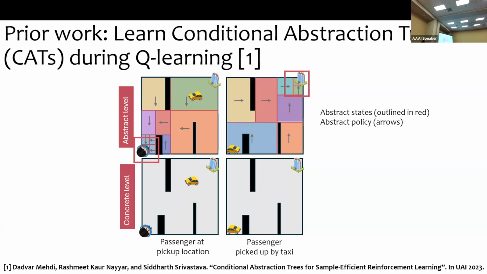The abstraction on the right shows more granularity towards the drop-off location, so that's an abstraction when the passenger has been picked up by the taxi. In parts of the abstract state space, we need less granularity in the policy, but there are parts where we need specific decisions to be made. So the key idea is that conditional abstractions can automatically switch depending upon the state.